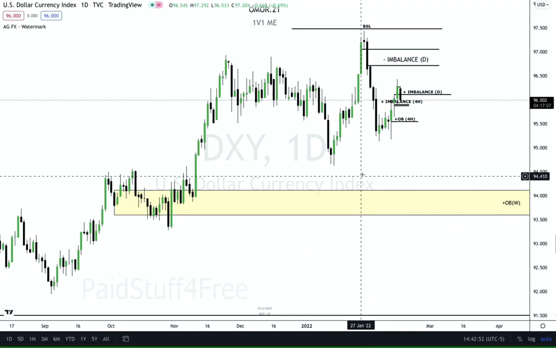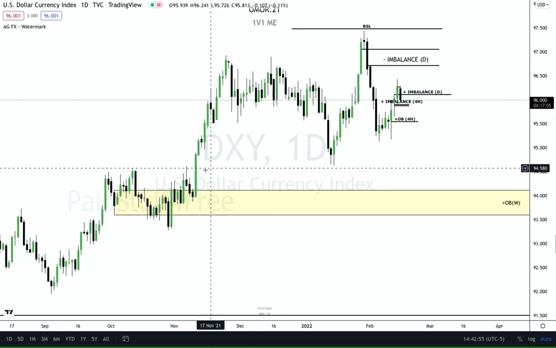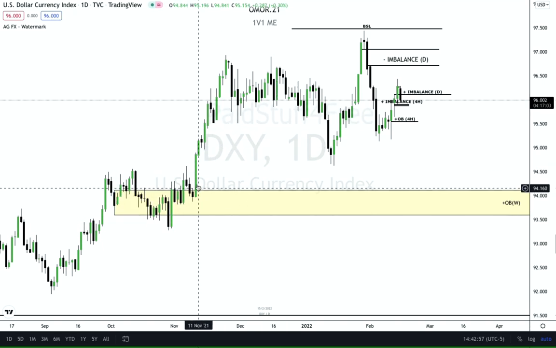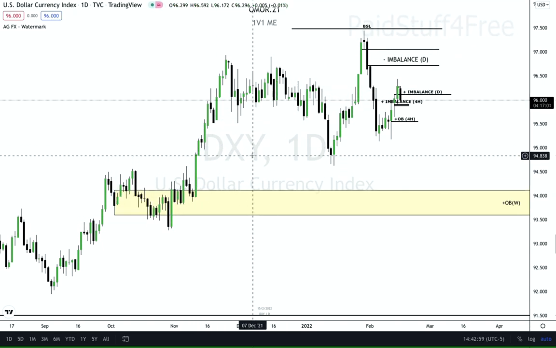So I'll give you an example. By inefficiency, I mean the market has to offer a fair chance of buying and selling at every price level. A market has to facilitate buying and selling. So this market has to offer a fair chance of buying and selling at every single price level.